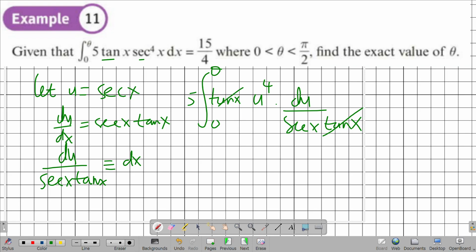Remember, sec is already u here, so if I put a u here, it simply means I have 5 times the integral of u to the power of 3 du, which is equal to 15 over 4.